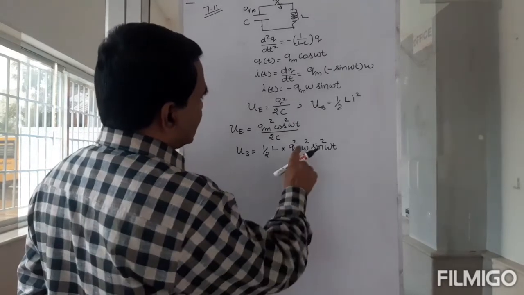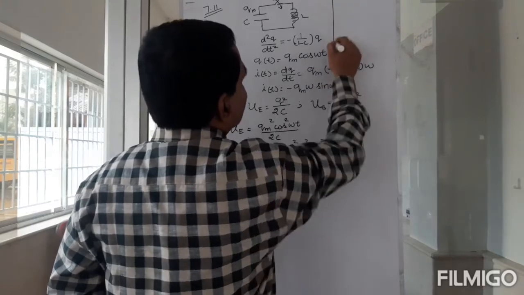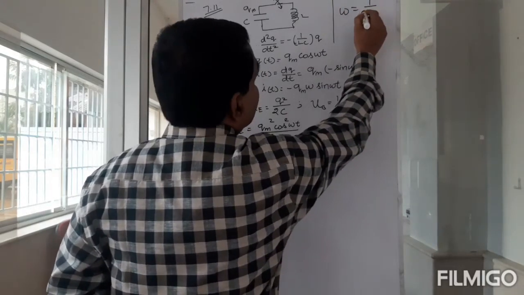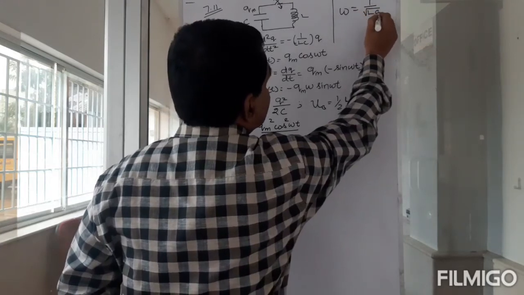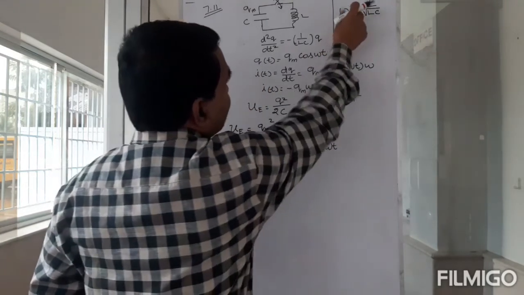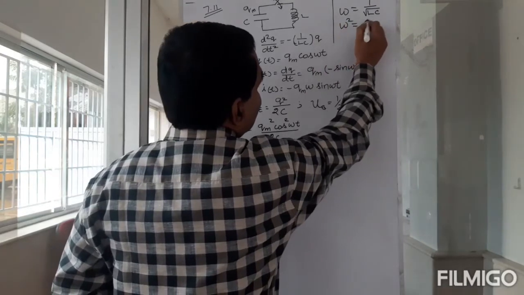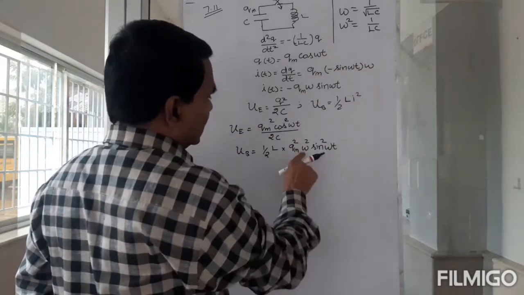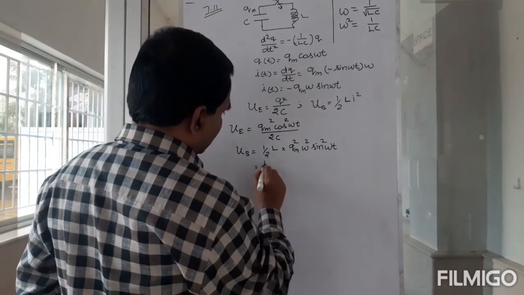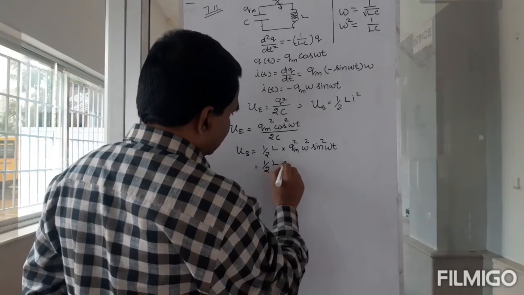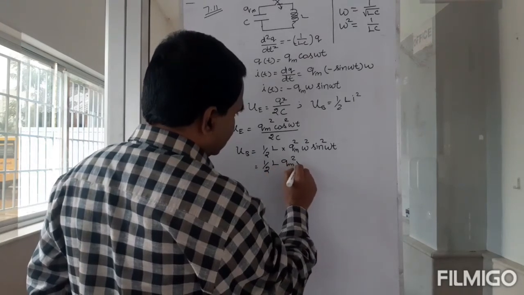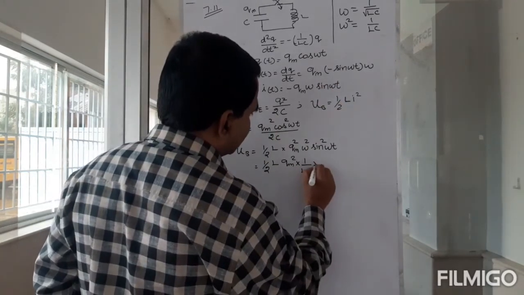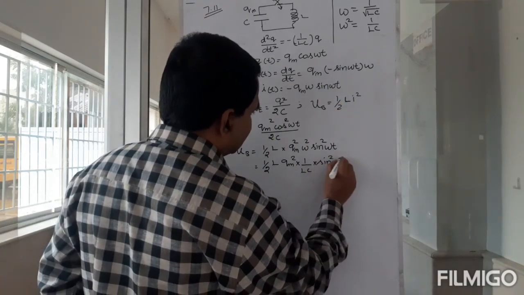Okay. So what is omega? Omega, if you remember, is equal to 1 by root LC. So omega squared will be 1 by LC, squaring it. So I'm going to put this here. So half into L into Qm squared into omega squared, which is 1 by LC, into sine squared omega t.